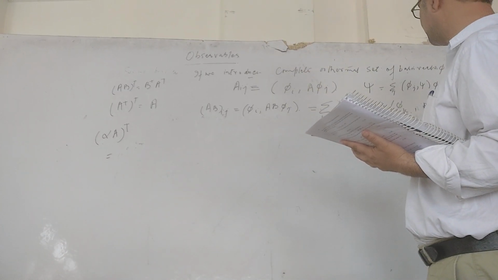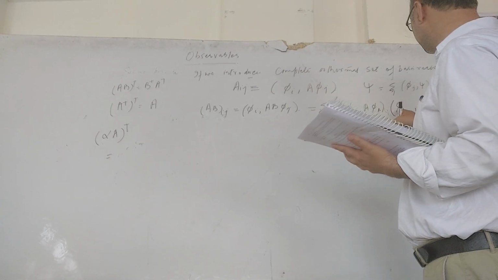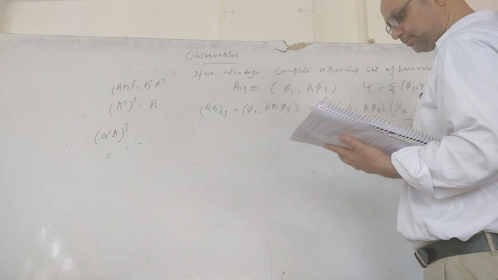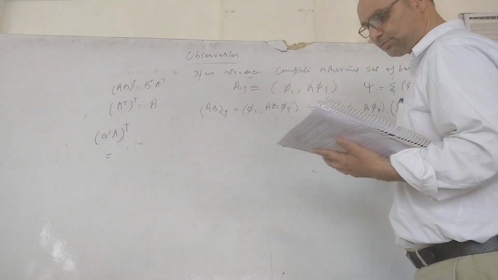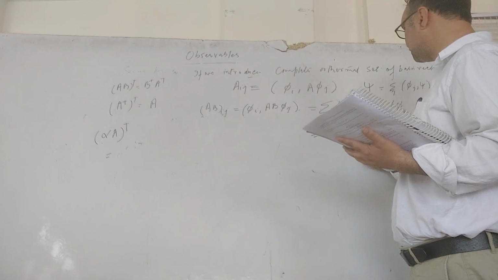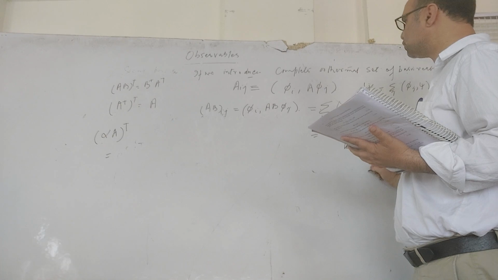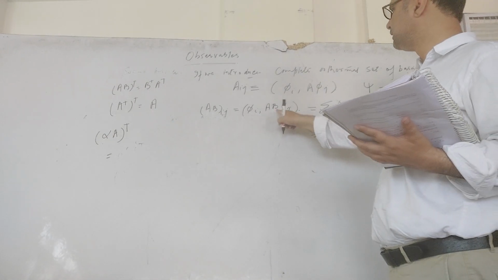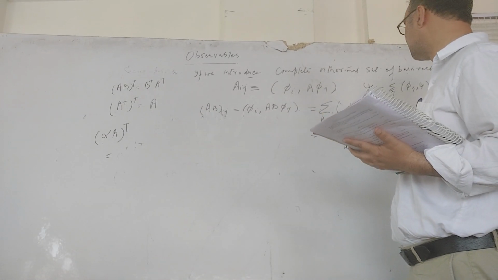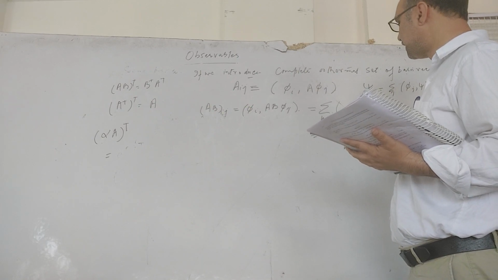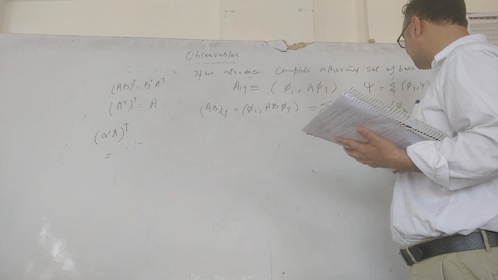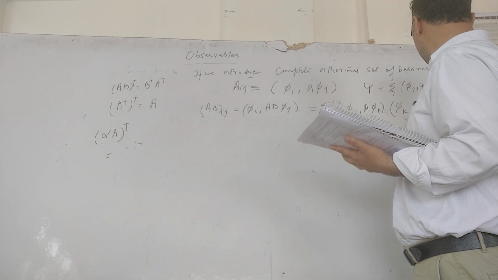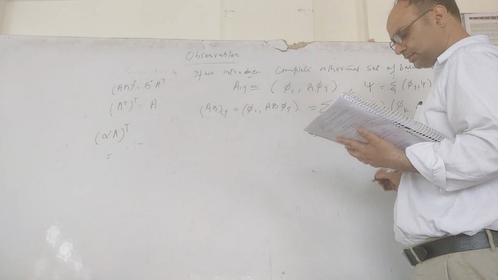So it will be A ik, B kj. We have written i and j in terms of k. We have also introduced a third index called k, so that this can be written in terms of A ik and B kj.